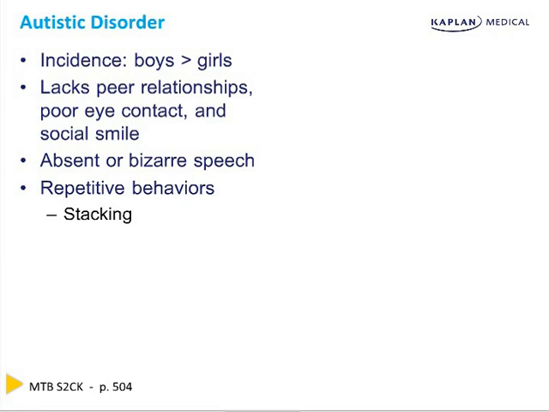The parents will bring them into the clinic and complain that although they buy the child lots of toys, the child goes to the kitchen and continuously stacks cans of food over and over again. And ultimately, because of that communication barrier, that absent or bizarre speech, the children tend to get frustrated rather easily.